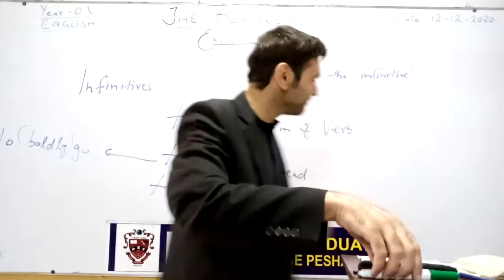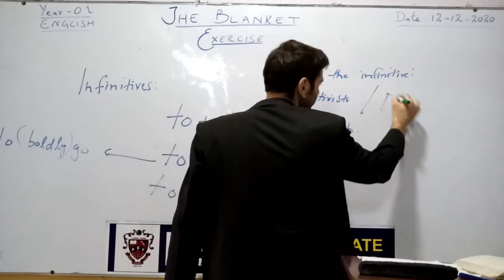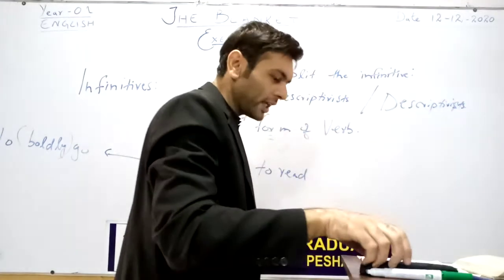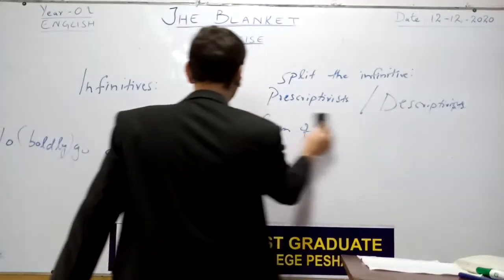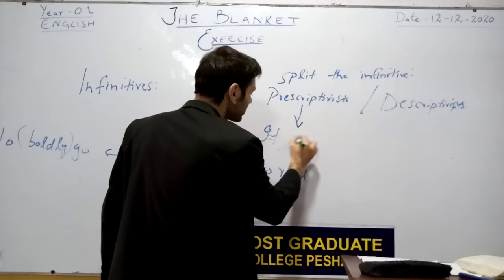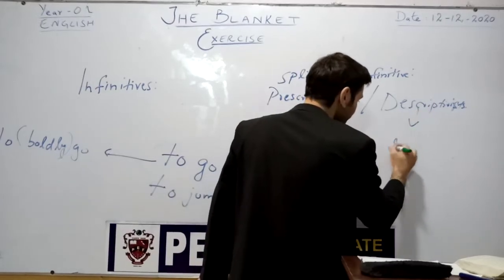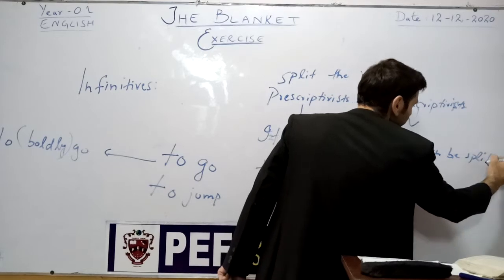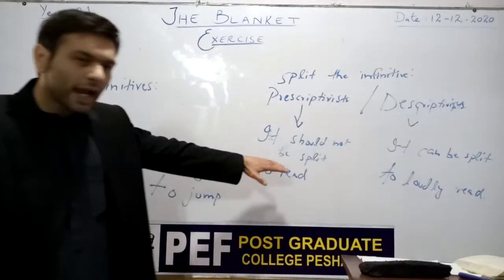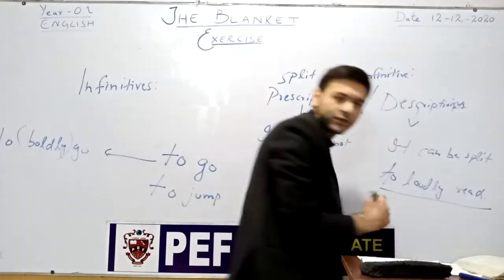अब यहां पर ये जो 2 डिबेट्स हैं, अगर आप यहां पर देखें, हमारे पास 2 स्कूल ऑफ थॉट्स हैं. दोनों क्या कहते हैं? प्रिस्क्रिप्टिविस्ट का ये मानना है, they believe that it should not be split. डिस्क्रिप्टिविस्ट का मानना है... देखिए, if you look at the board, the prescriptivists, they believe that these type of forms in infinitives are not possible.